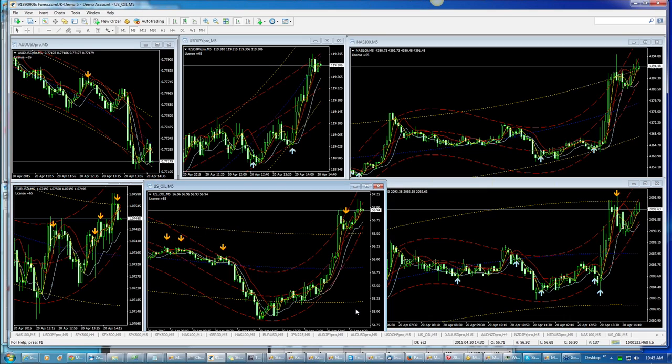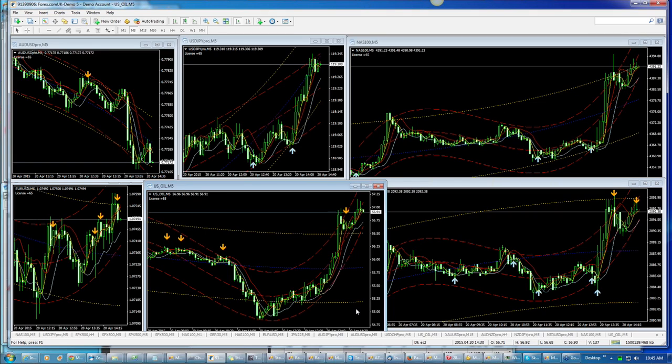I think you stay away from it to the short side. I think you're asking for it. The risk reward ratio is not what you're looking for.